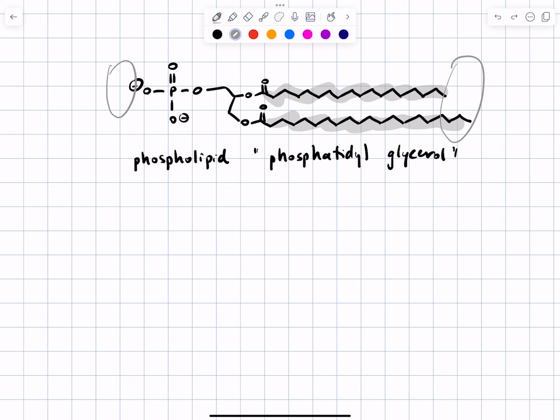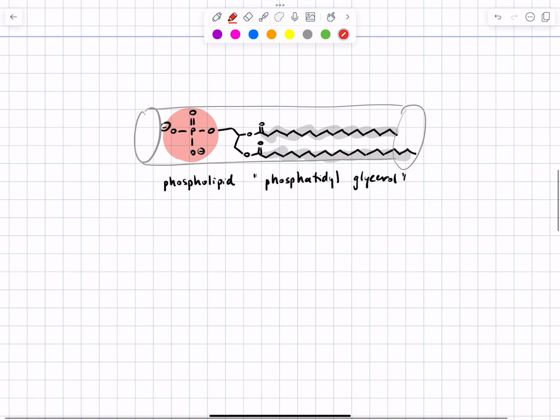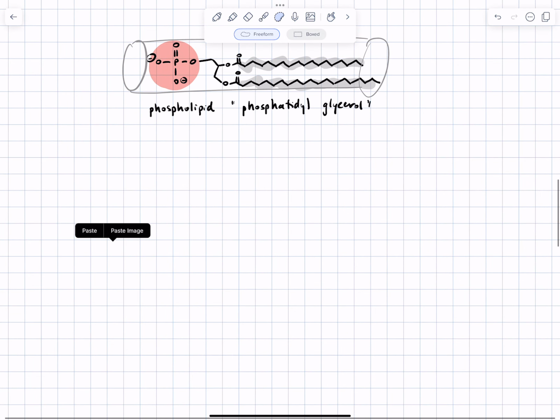So what that tells you is then, and we'll use, let's see, what color have we used for negative charge before? Red. That tells you that a membrane composed of this kind of lipid should have a net negative charge.